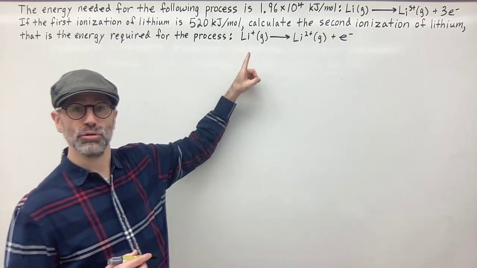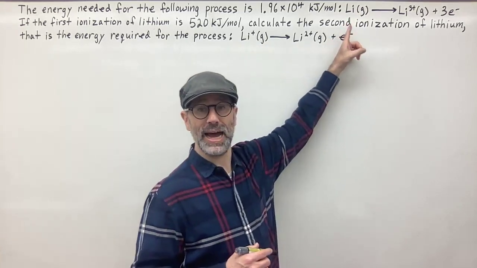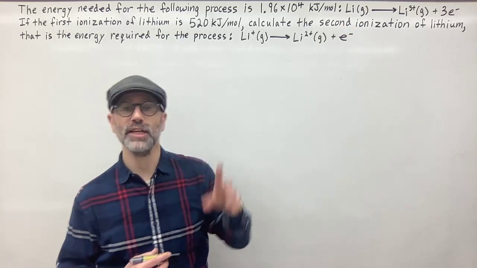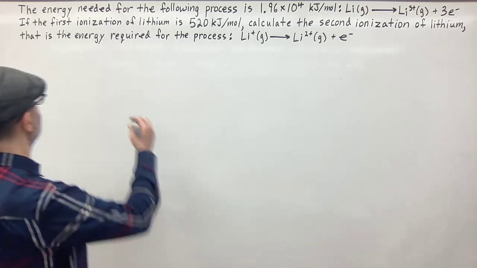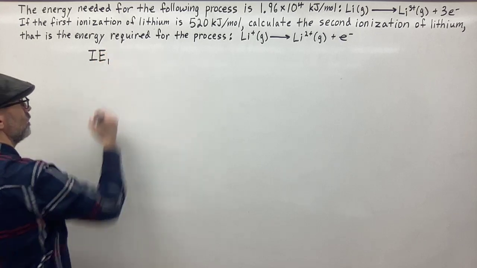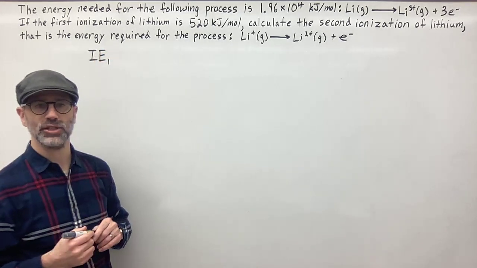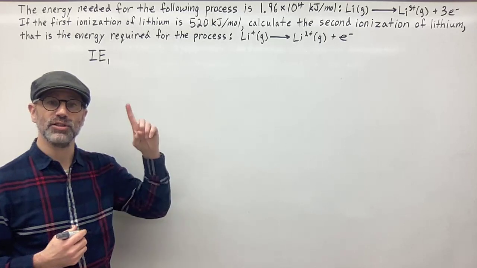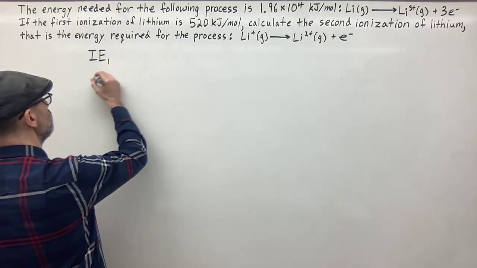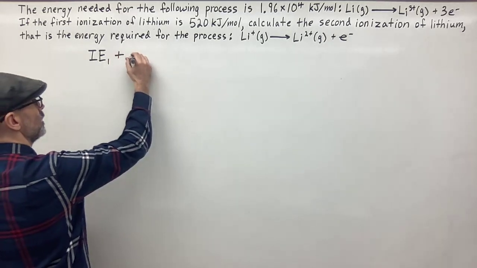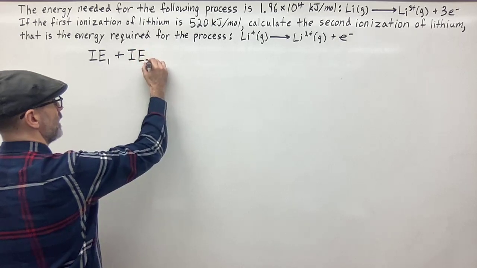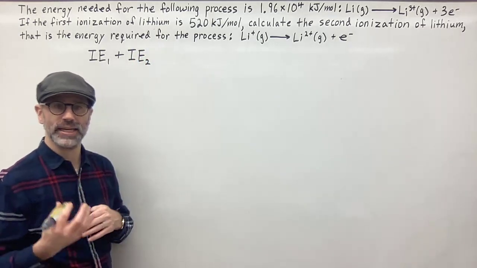each time you remove an electron from an atom in the gaseous state, that's the ionization energy. So the first electron is the first ionization energy. So we'll write IE1, the first ionization energy. That was the energy needed to remove the first electron. And then the second electron, if we add to that, that's going to be the second ionization energy, so IE2.